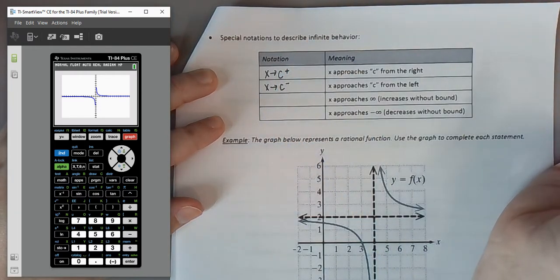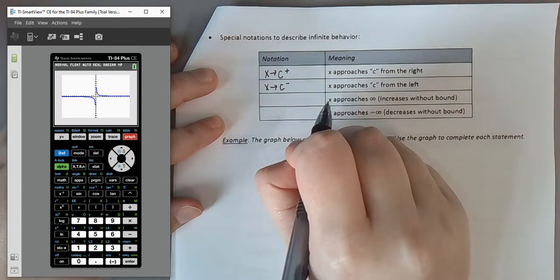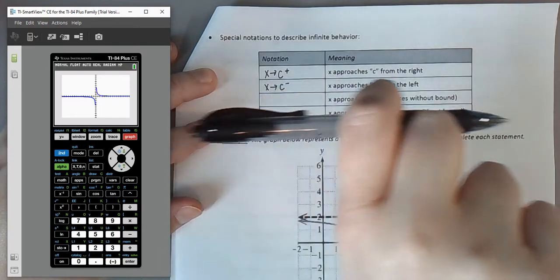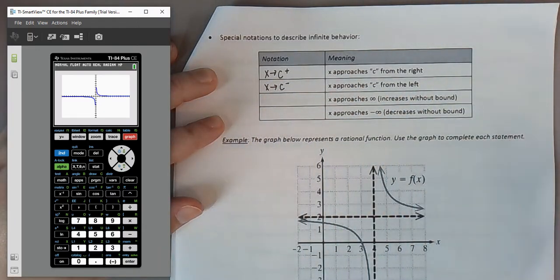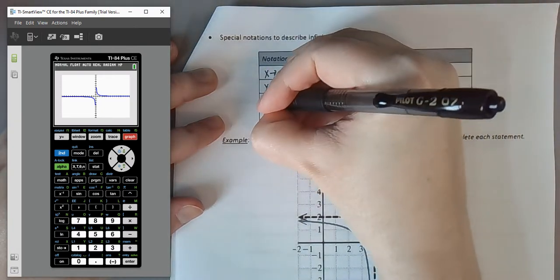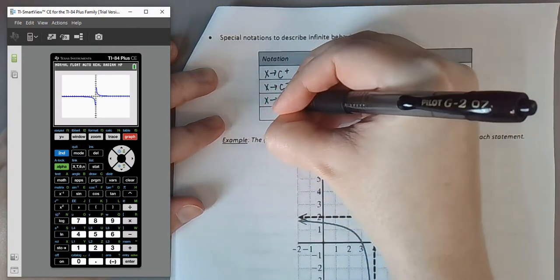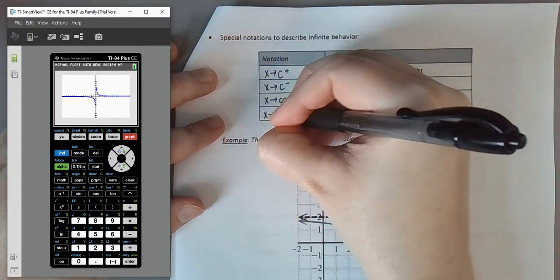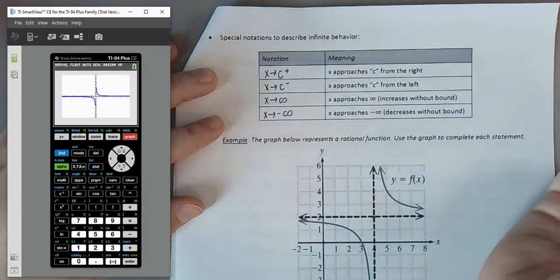Now, we can also talk about approaching infinity and approaching negative infinity. When we say that x is approaching infinity, we're just talking about our x values getting really big and then dropping off the coordinate plane, or getting really big but negative and then dropping off the coordinate plane. So approaching infinity would be like that, and then approaching negative infinity would be like that.